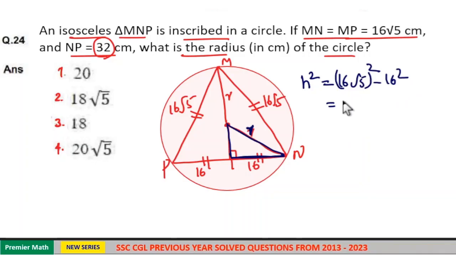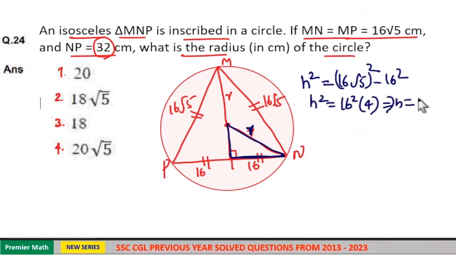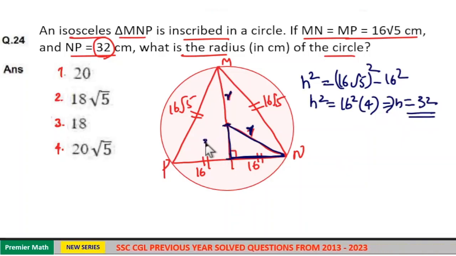That is 16 square into 5 minus 1 is 4. Now, h square is equal to this one, then h is equal to 16 into 2, 32. So here height is equal to 32, means this length is equal to, if this is R, then this length is equal to 32 minus R.